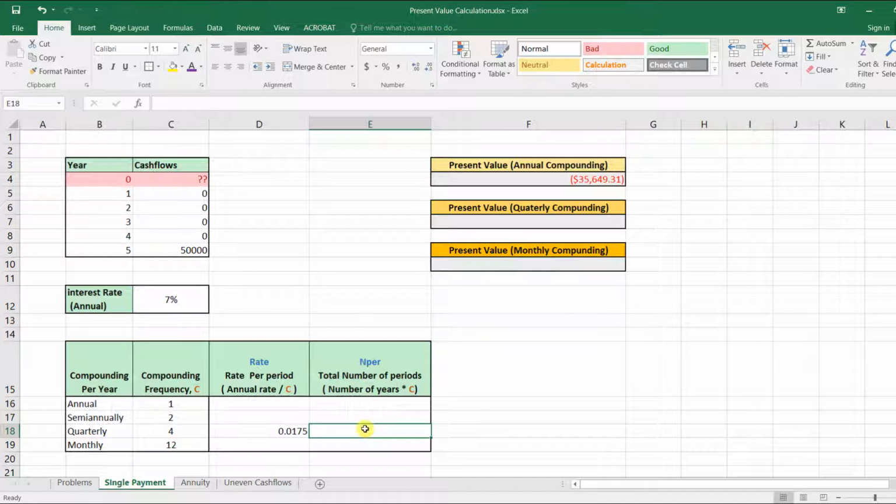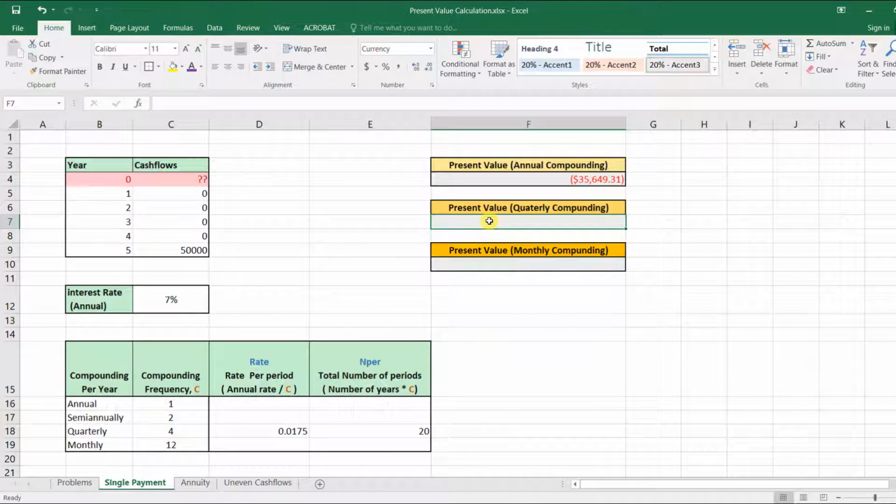And the total number of periods now would be, again, equal sign. Number of years is 5. So select this cell, then multiply it with the compounding frequency. Then press enter.